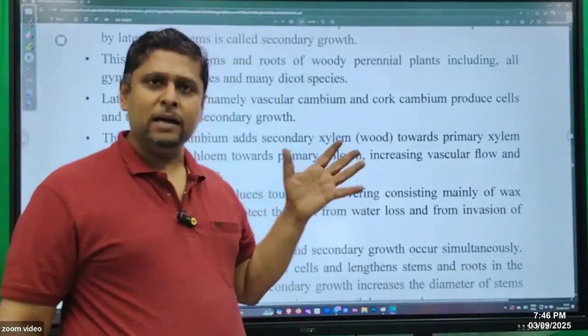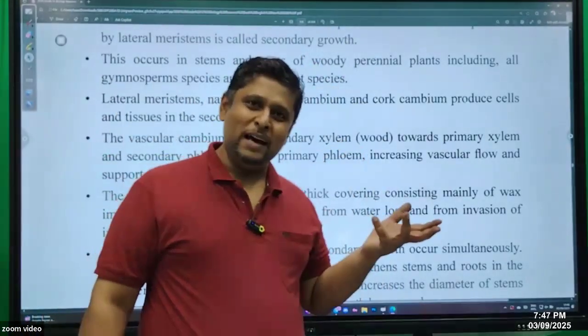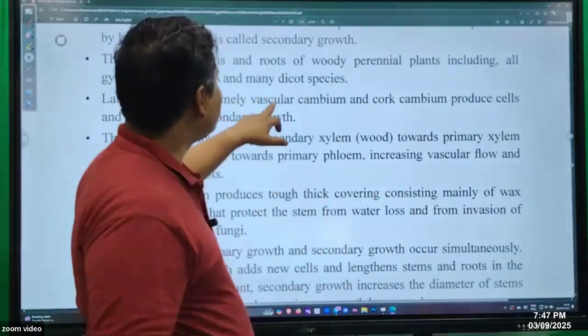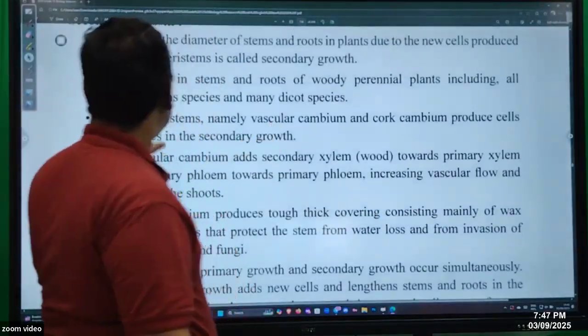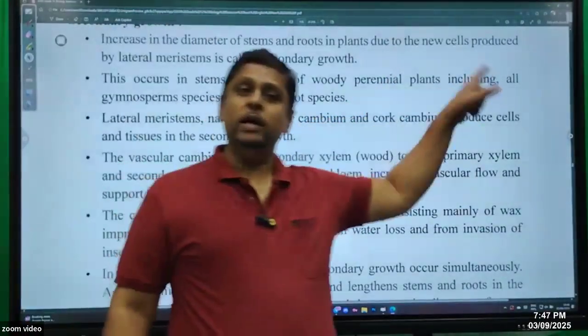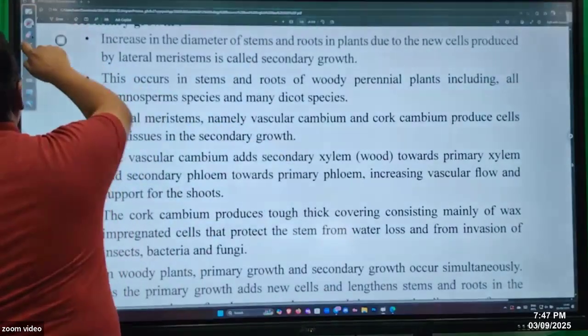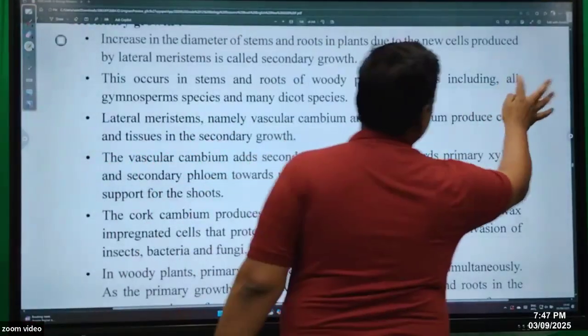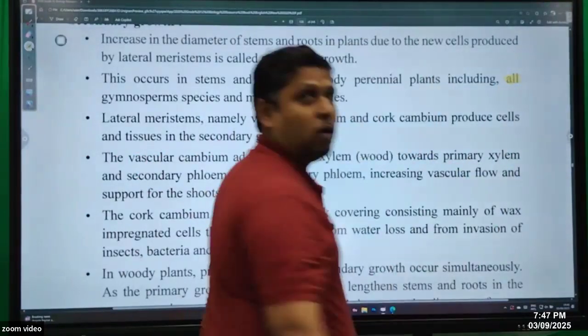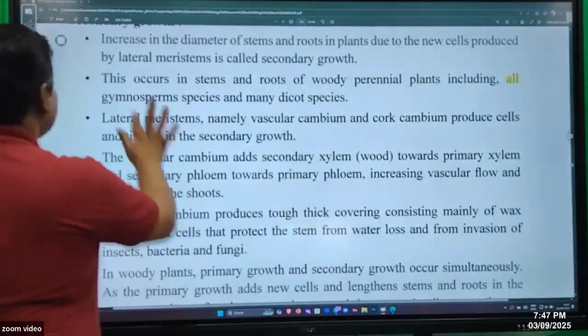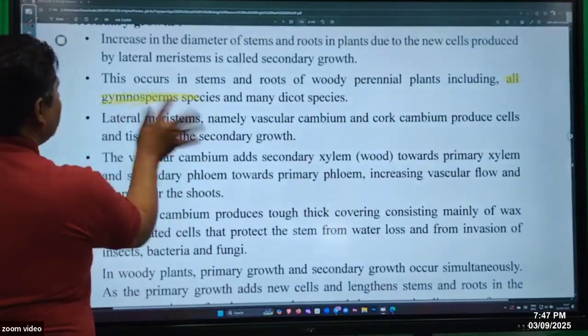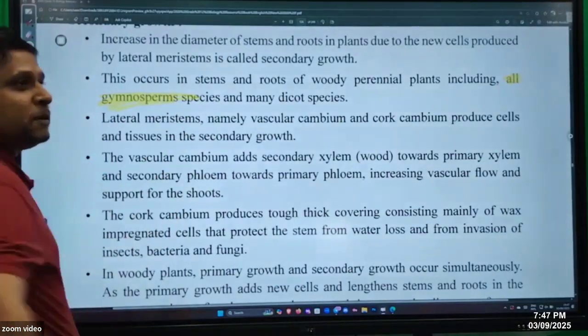Woody perennial plants, right? So this happens in perennial plants, including all gymnosperms. Very important word: it happens in all gymnosperm species.